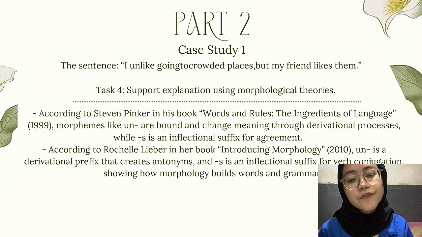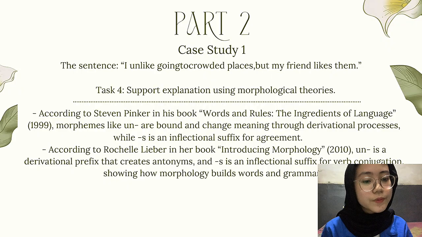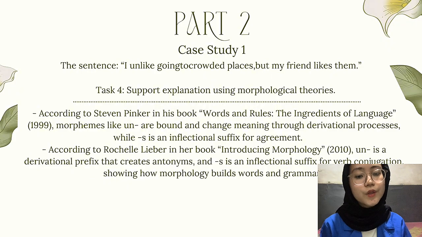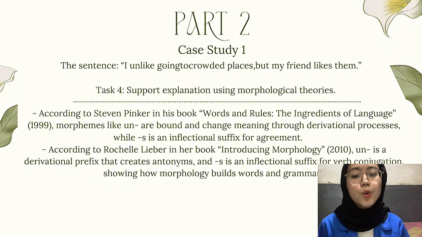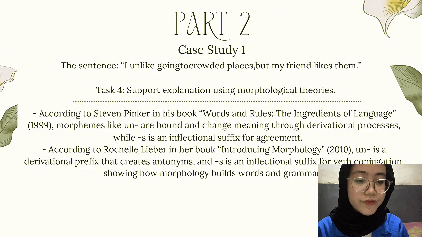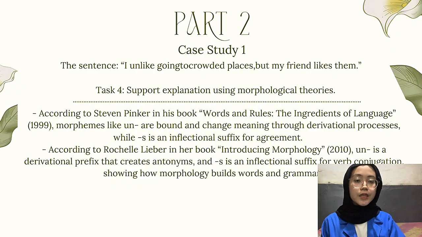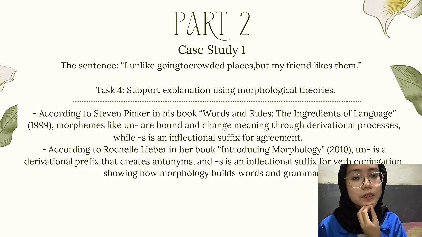Un is a derivational prefix that creates an antonym, and s is an inflectional suffix for verb conjugation, showing how morphology builds words and grammar. So both linguists agree that these small parts, prefixes and suffixes, play a huge role in how words function in English. That's the end of case study 1.